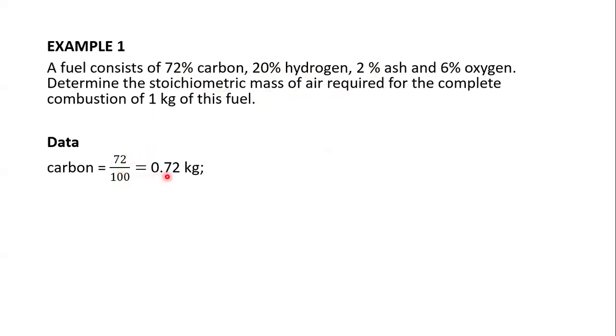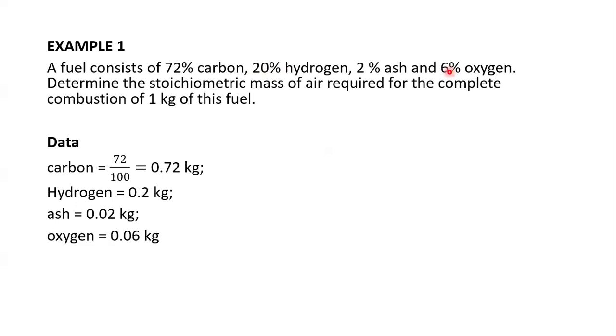So I have 0.72. If I proceed to hydrogen, I have 20 over 100, which gives me 0.2. The next one is ash, which is 2 over 100, which gives me 0.02. Then followed by 6% of oxygen, 6 over 100, which gives me 0.06.